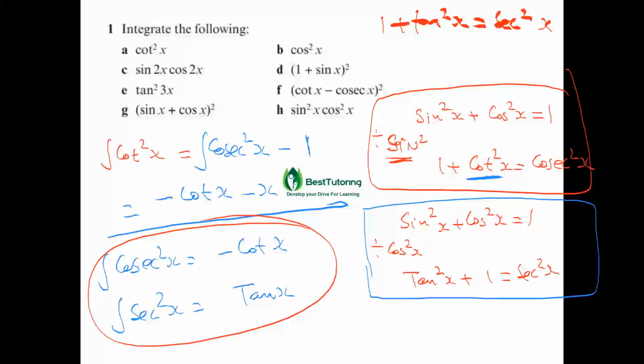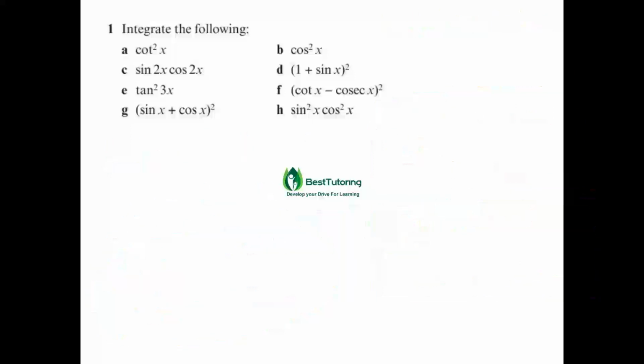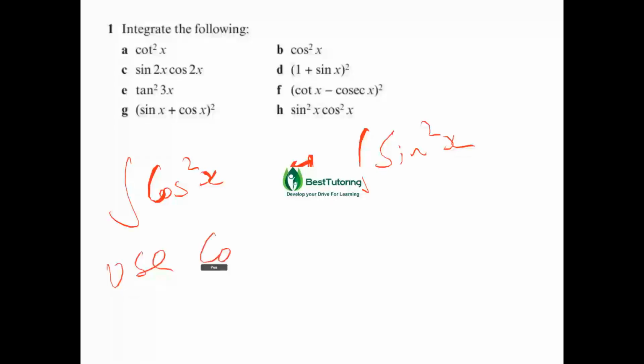But Aryan, that is not going to help us because we don't know how to integrate cos square x or sin square x. We need to remember this. Sonali, very good. Therefore, we have to use the cos 2x formula, which we did at the beginning for the questions.